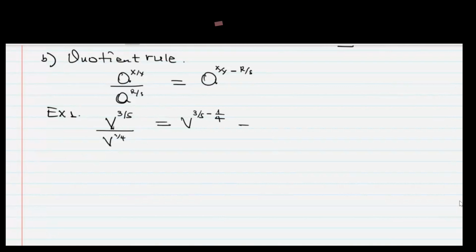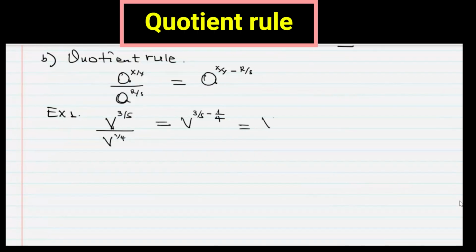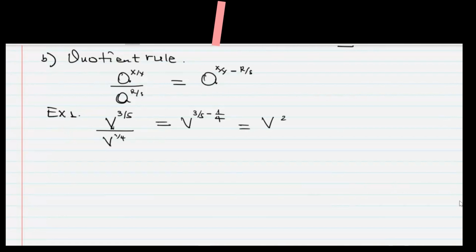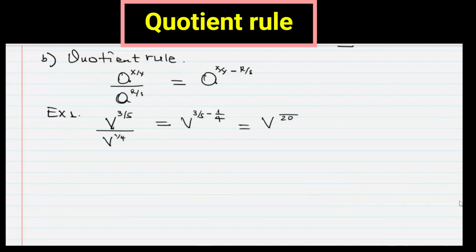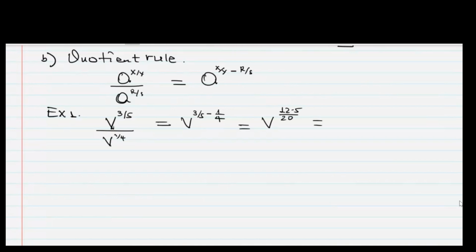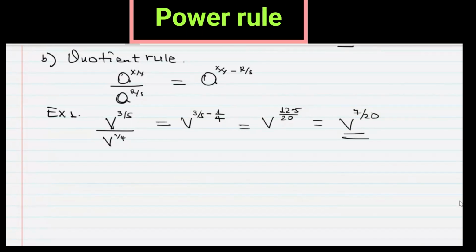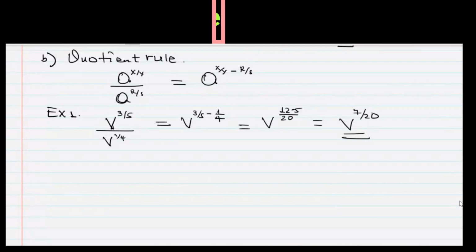This is equal to simply v to the power of, with the common denominator 20, 12 minus 5, which is 7 over 20. This is subtraction. So this will be your answer.